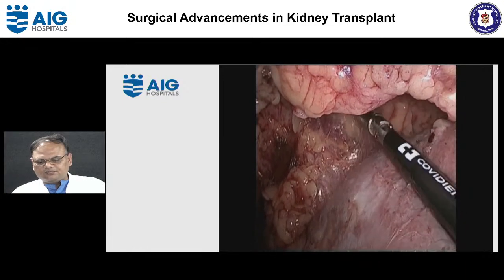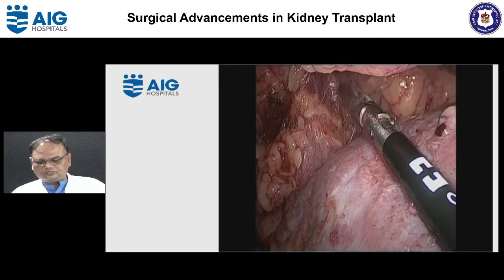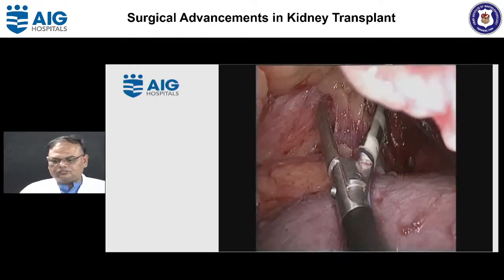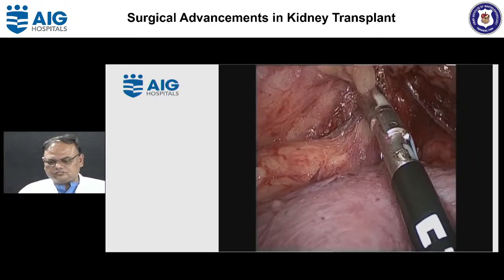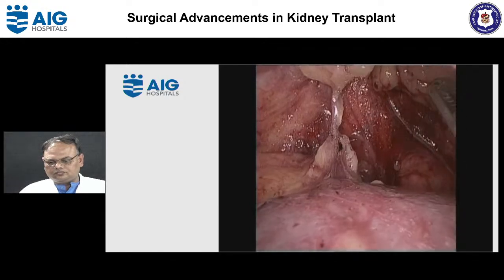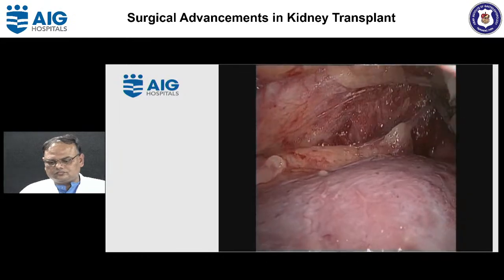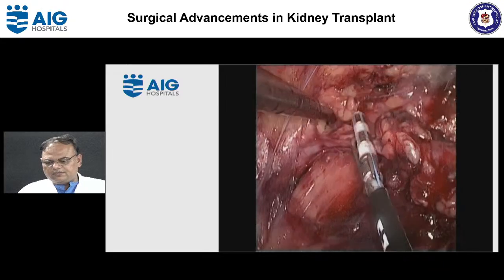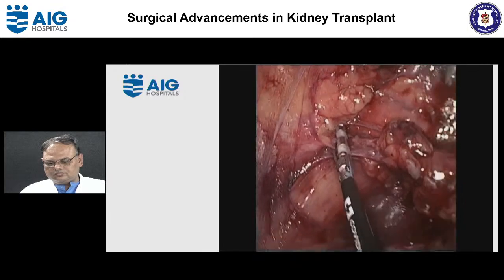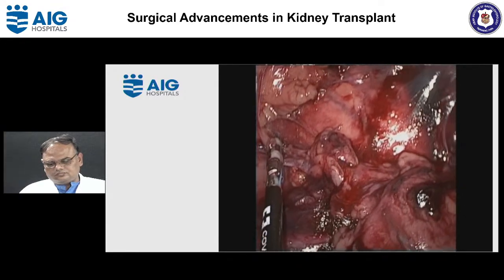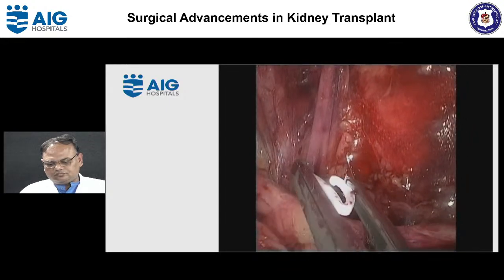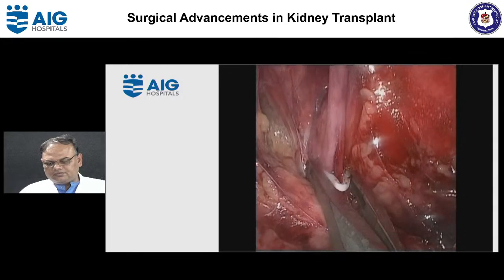The lower pole of the kidney is freed. The gonadal vein is secured with ligature, and the ureter is clipped and cut.